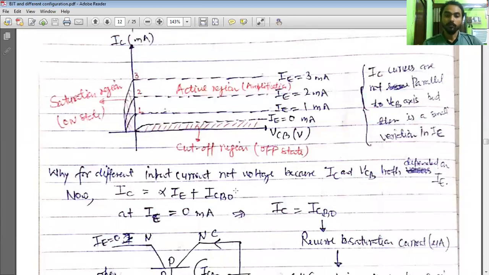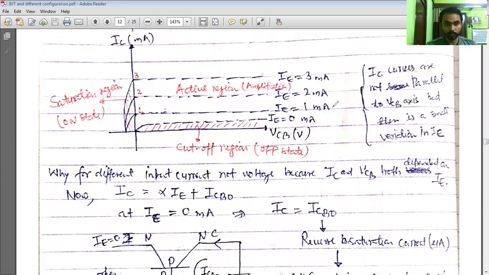Now, I have one question just to make you realize why we are doing this for different currents. Why are we drawing the output characteristics for different input currents, not the input voltage?